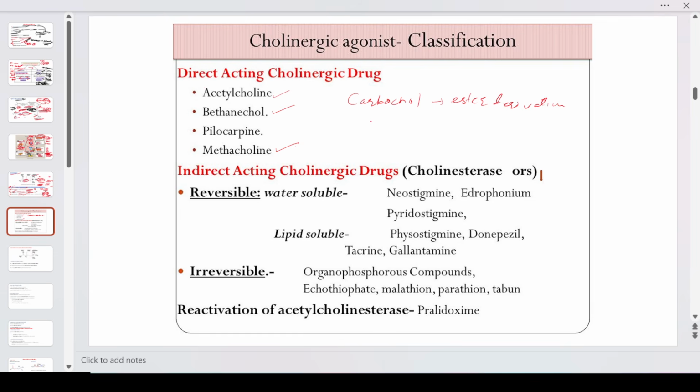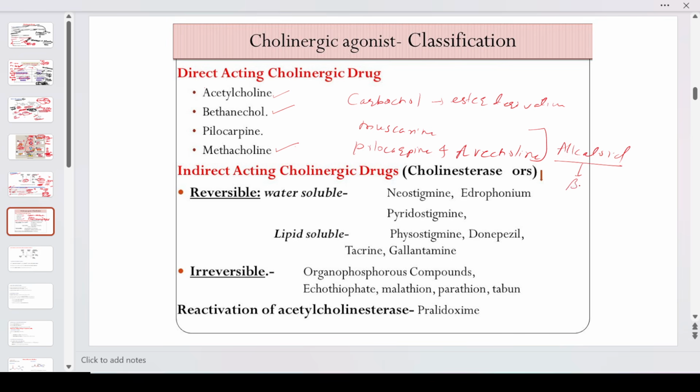And three more drugs are there: muscarine, pilocarpine, and arecoline. These are alkaloids, which means they are basic in nature.